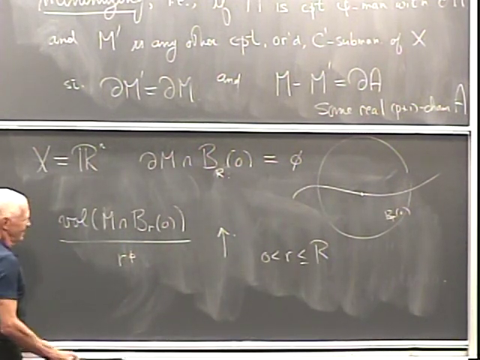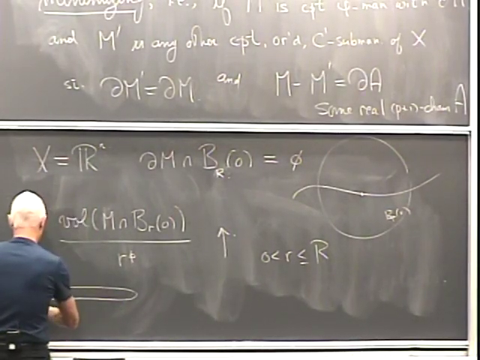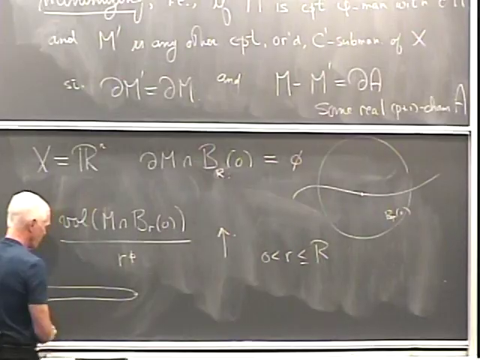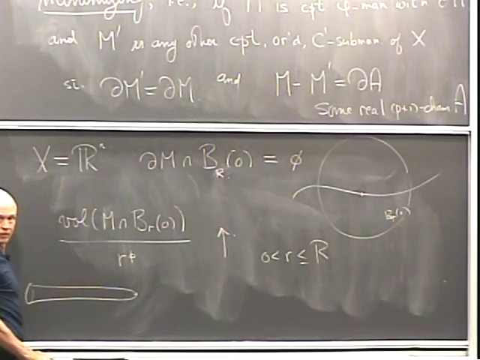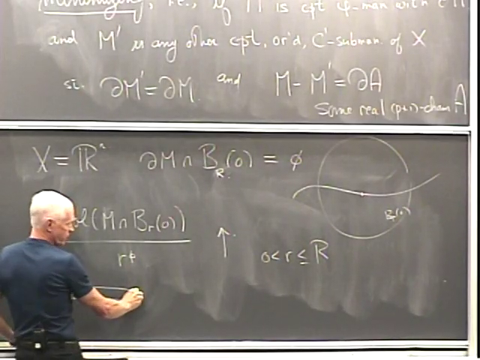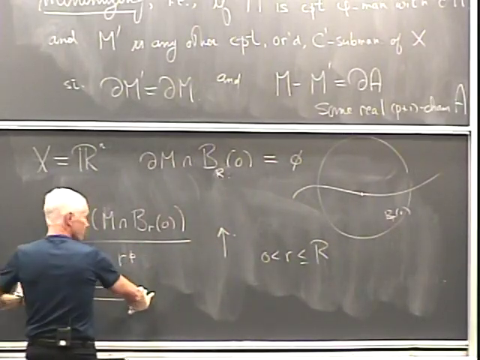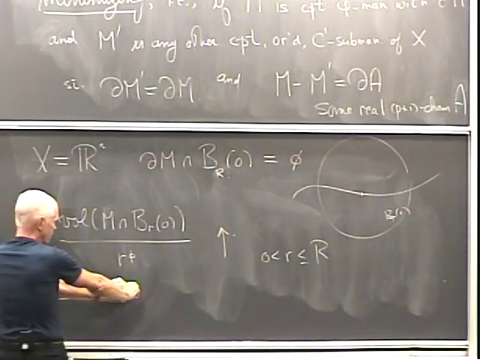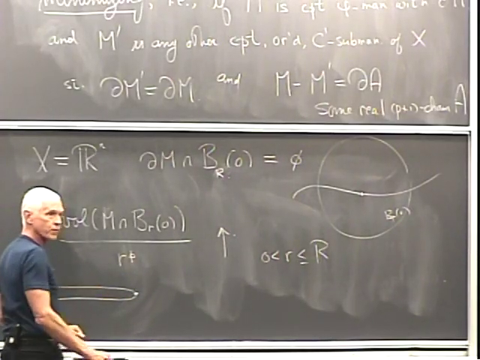This is a general property of first variation 0. You can't have a manifold that's long and thin. It's got to grow. If you take a point on it, its volume has to grow at least as fast as that of a Euclidean disk of the same dimension.